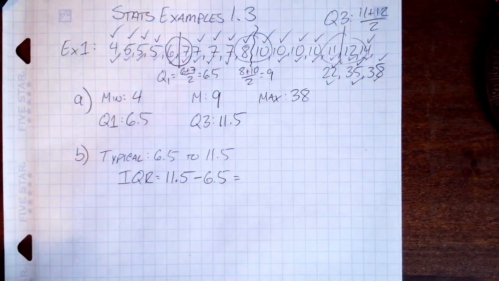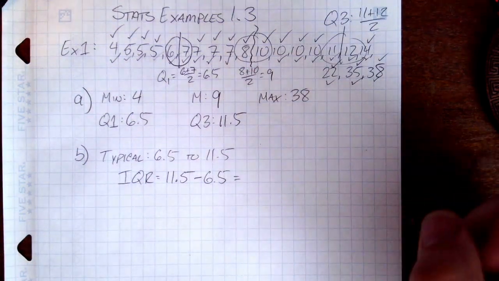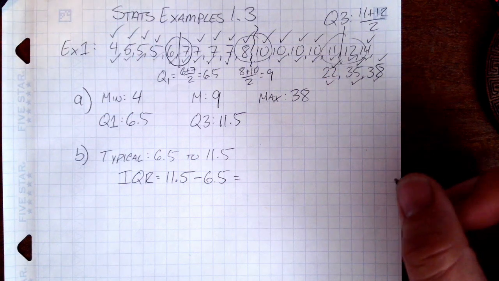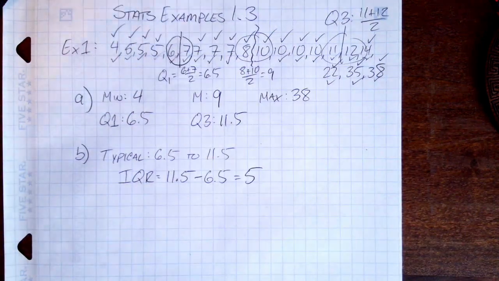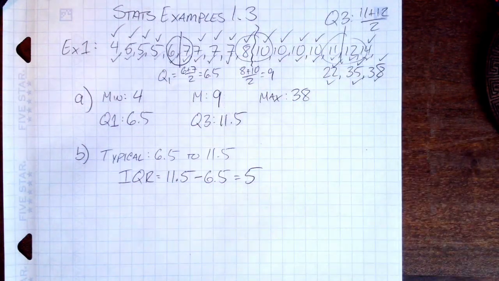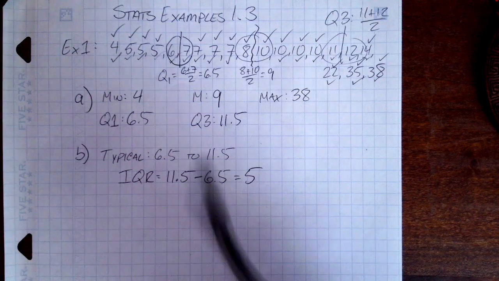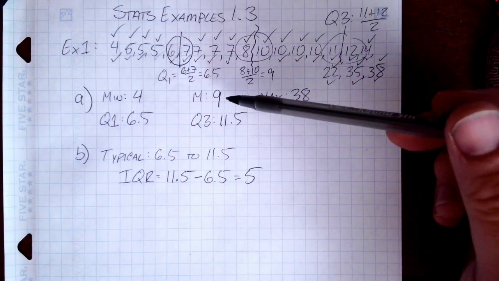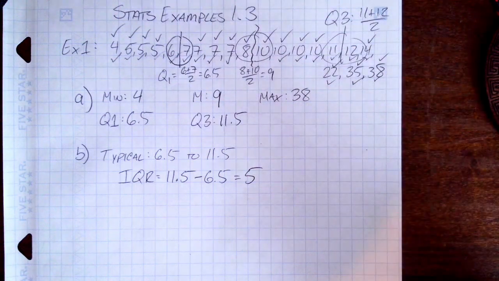So 11.5 minus 6.5, the biggest range between numbers of shoes that we expect most of these teenage boys to have will range by about 5. Typically, we expect them to have about 9, but, you know, down to 6.5 and up to 11.5.